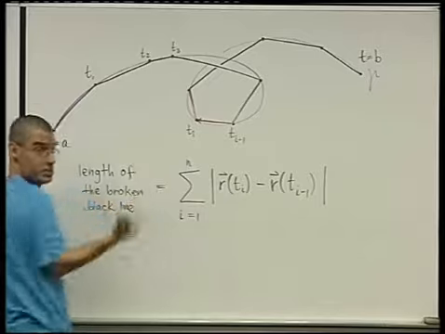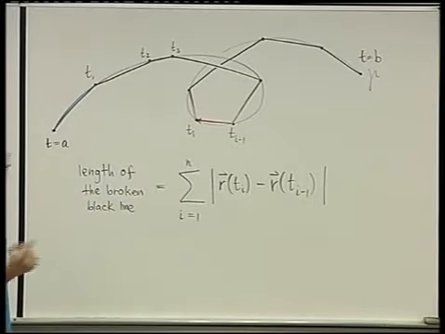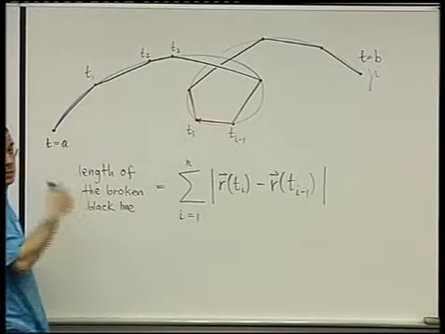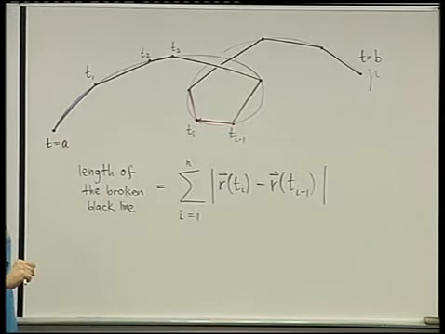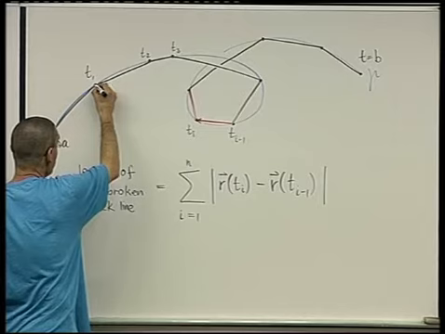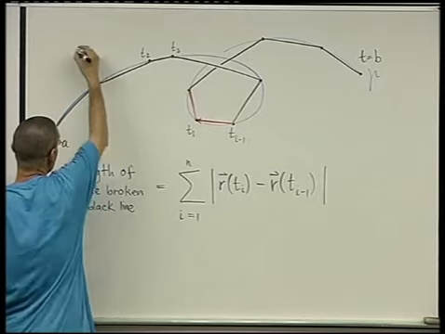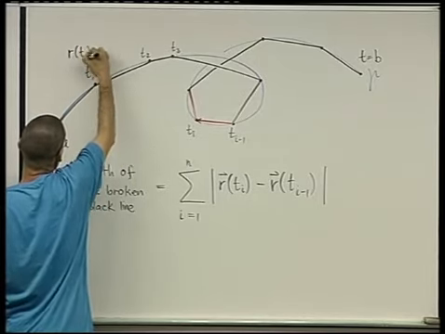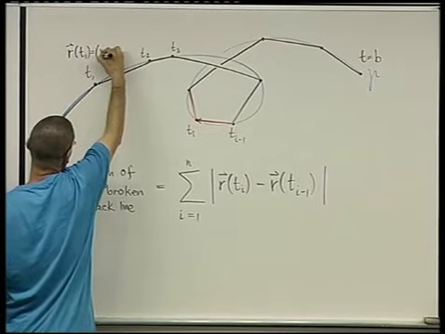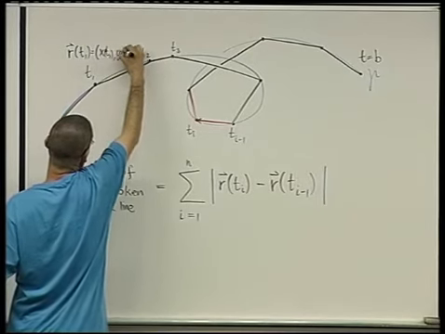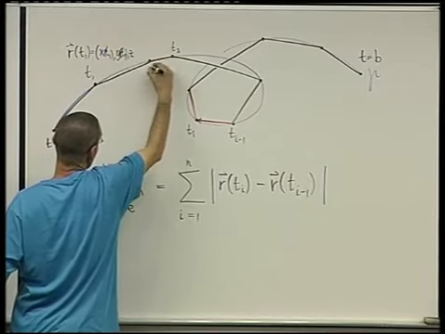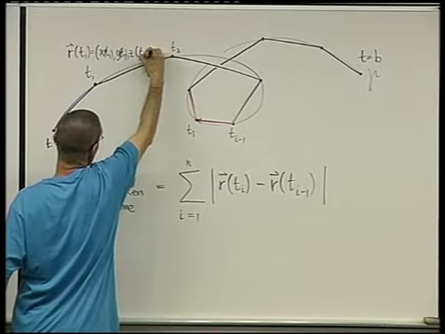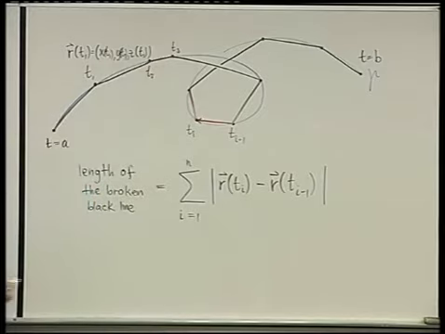Writing just the t's is misleading. Okay? This is not the point t1. t1 is some value between a and b. This is really the point r of t1, which is x of t1, y of t1, z of t1, and now t2 is going to have to move. Do you agree?